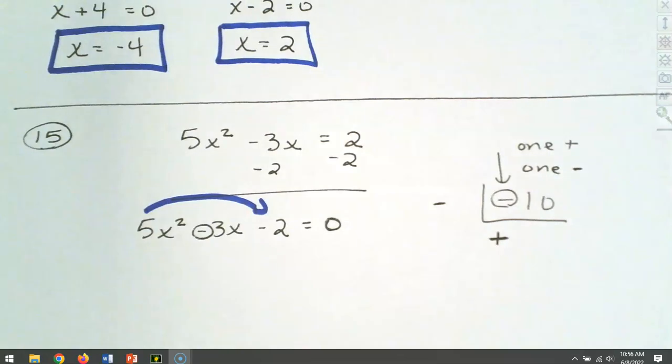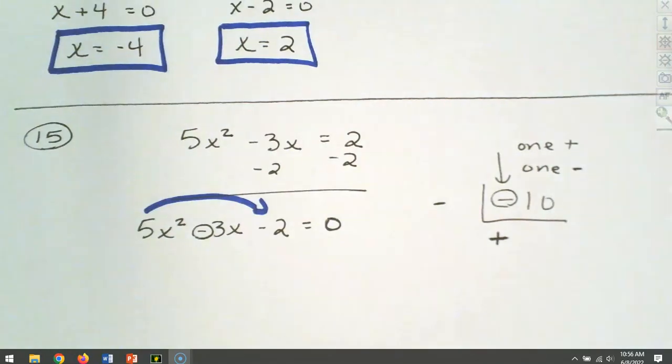What two numbers multiply together to give you 10, subtract from each other to give you 3? Does anyone know the two numbers here? Multiply together to give you 10, subtract from each other to give you 3 in the middle. Yep, 5 and 2.